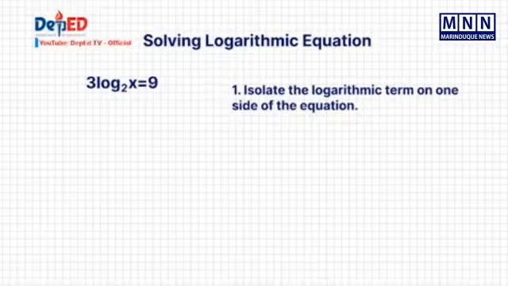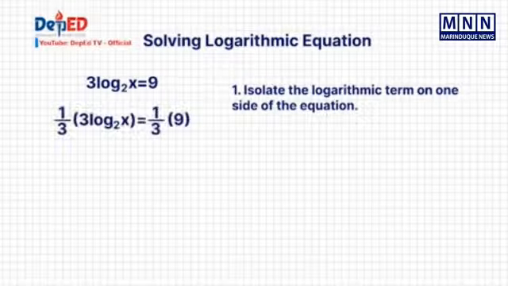The first step that we'll have to do is to isolate the logarithmic term on one side of the equation. Since the logarithmic term is already isolated on one side of the equation, we simplify by the multiplication property of equality.